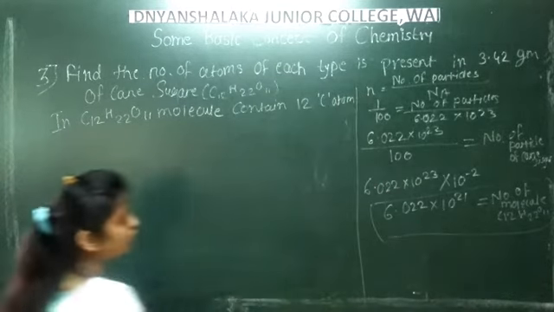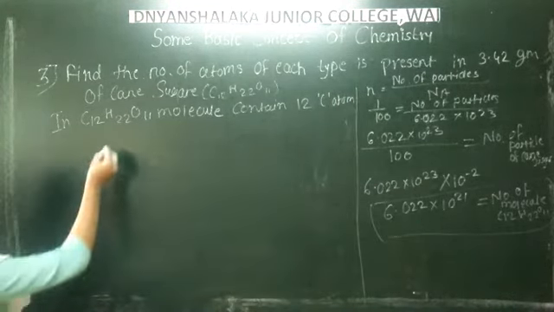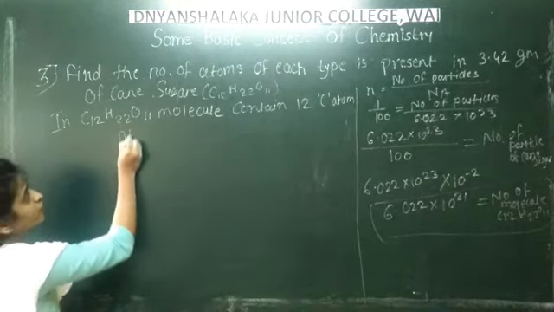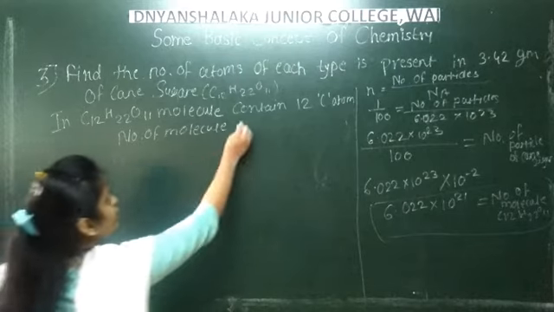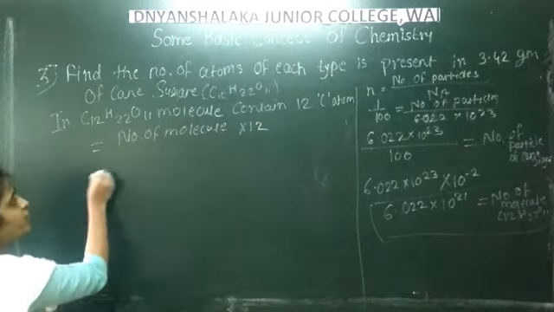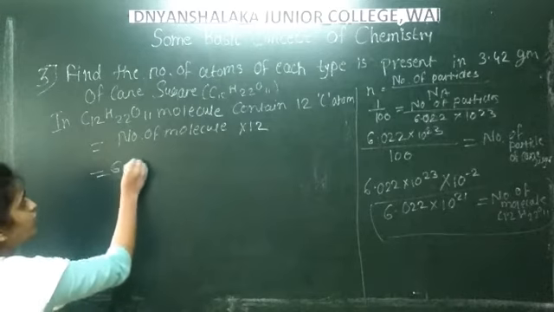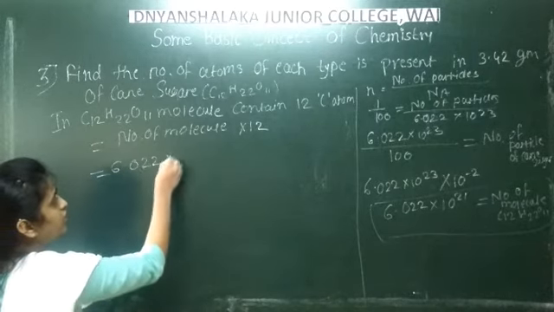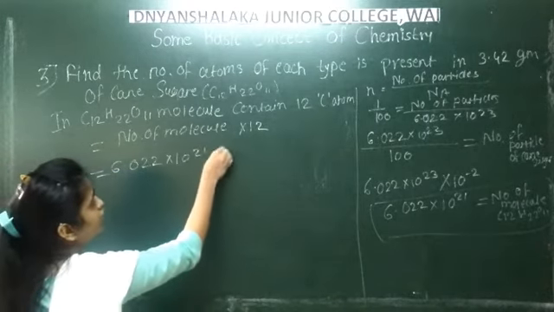So number of molecules into 12 carbon atoms: 6.022 into 10 raised to 21 into 12.